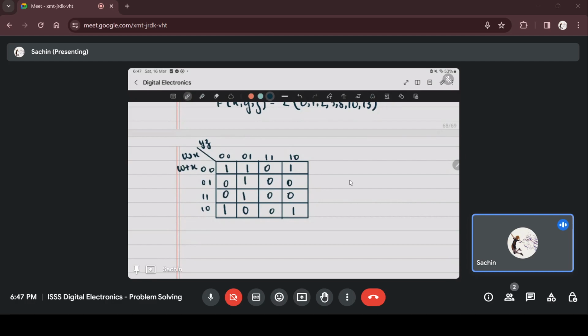So if there's a 0, then you use the uncomplemented form of the variable, so I have used w and x. And then for product of sums, you will have a sum term w plus x instead of a product term wx. So the 0, 0 in wx will be represented as w plus x. So we get w plus x prime, w prime plus x prime, and w prime plus x. Similarly, y and z. This is y or z, y or z prime, y prime or z prime, y prime or z.